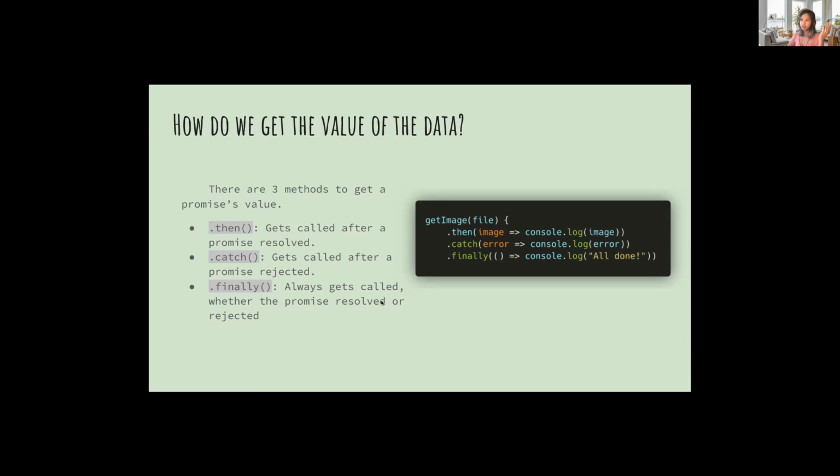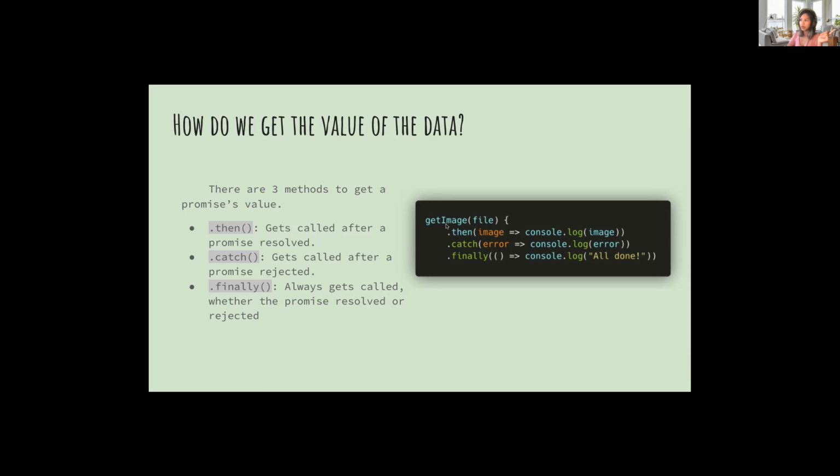Finally, we get called whenever the promise resolves or rejects. I haven't used finally, so if anyone knows how this works, we can talk about that later. So you can see that it's much cleaner.